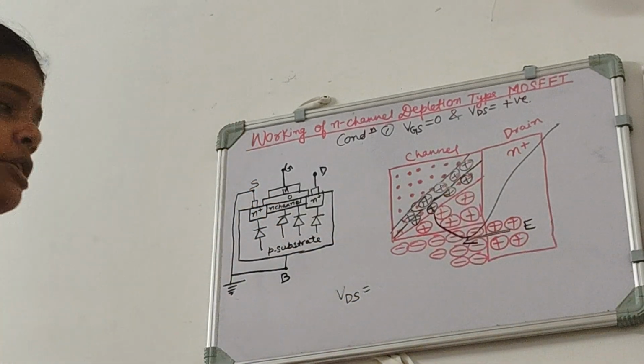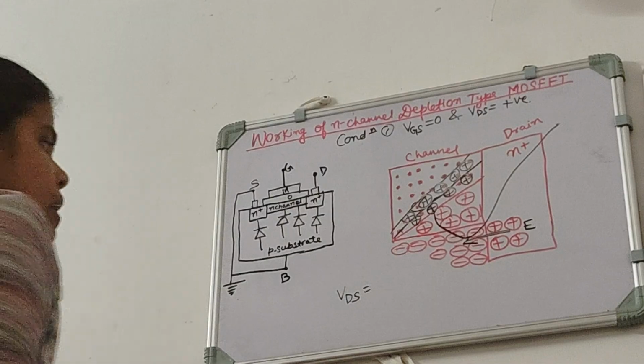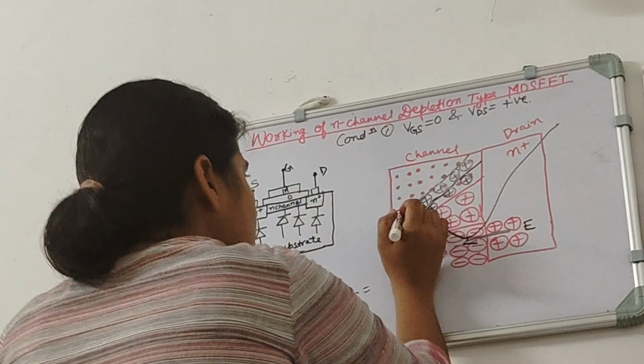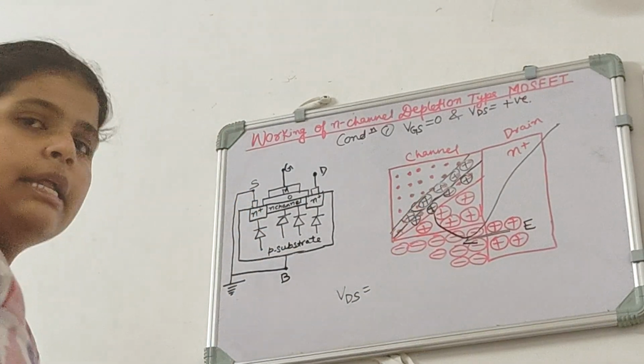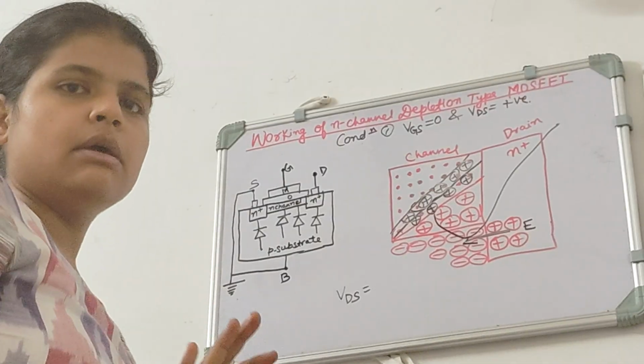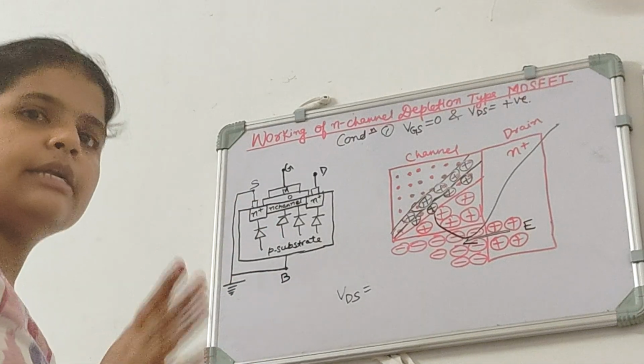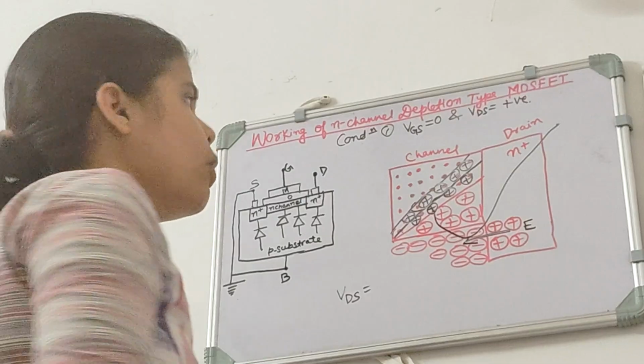Now, after a certain VDS, we will see that the number of electrons moving out of the drain does not increase, it just gets saturated. Why?